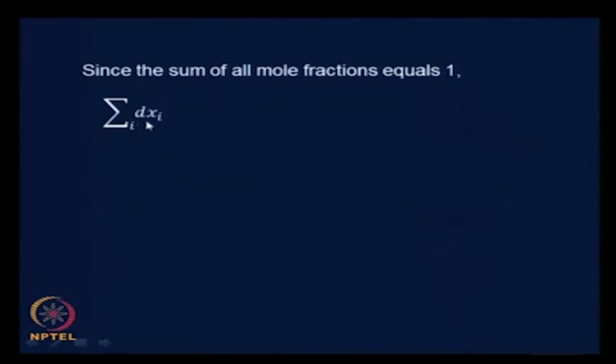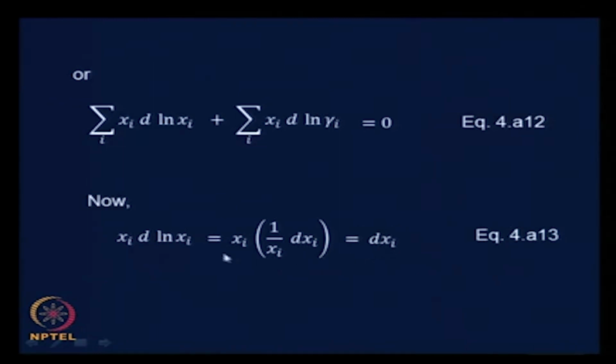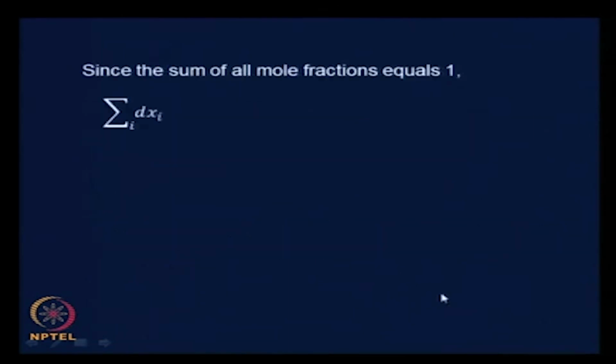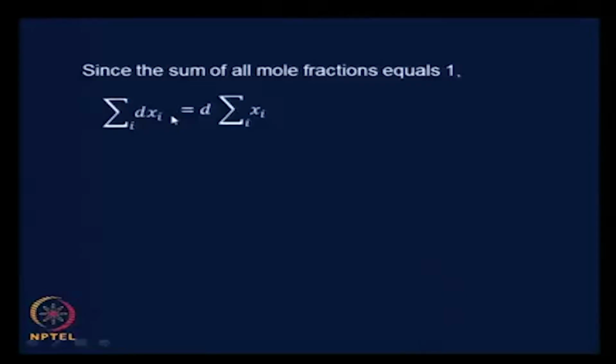Here is how it goes to 0. This is the sum over all i of dxi, remember this is what was left over here, dxi, and we need to sum over all i's of dxi, and therefore this is by the commutative property. In other words, d is a differential in the difference amounts, and therefore the sum of the differences is nothing but the difference of the sums.